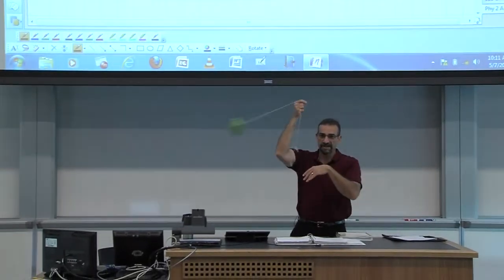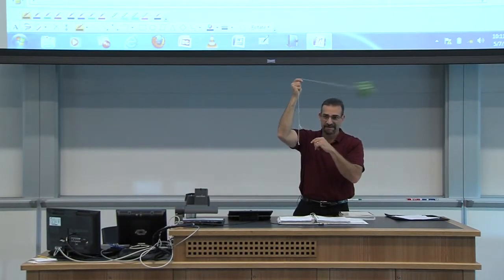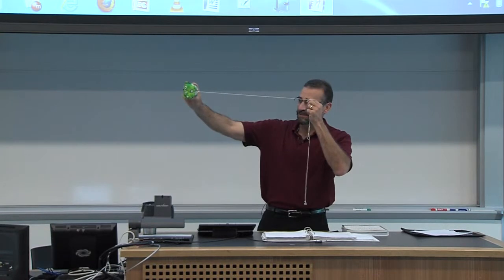There's no angle to the string. Is there an angle to the string now? How about now? Can we ever get it going fast enough so that it's perfectly horizontal?